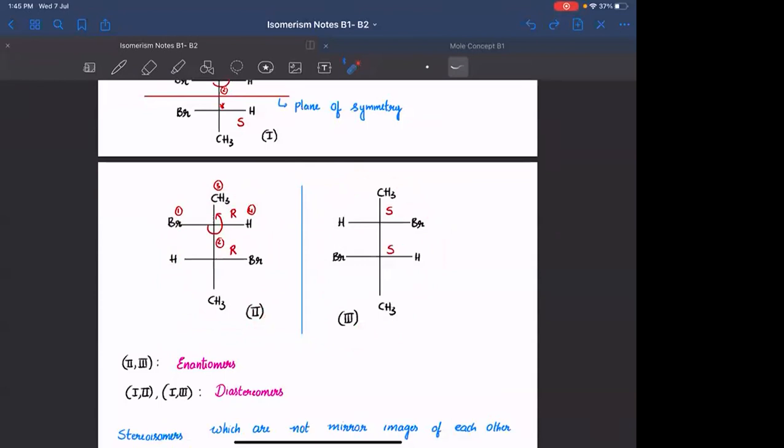Agreed? If I'm having more and more molecules of 2, then the net rotation will be dextro. If I have more and more molecules of 3, then the net rotation will be levo. Agreed? If I'm having equal molecules, or equal concentration of 2 and 3, in that case there will be no net rotation.